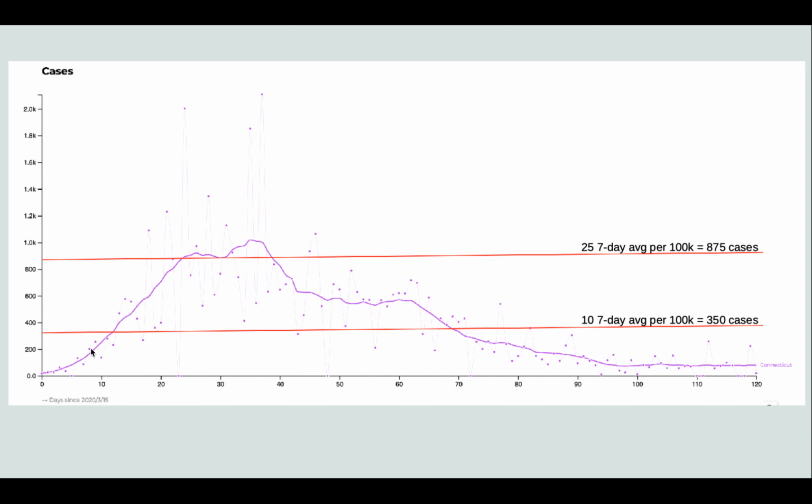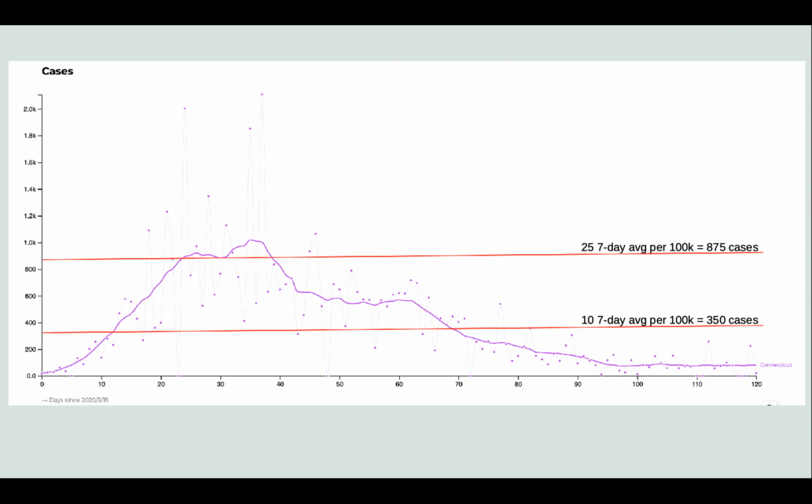So this purple curve is the smoothed course of the epidemic in Connecticut. We are right here at the end. I've put in 2 lines. A line that corresponds to 350 cases, that 10 cutoff, and a line for 875 cases, that 25 cutoff.